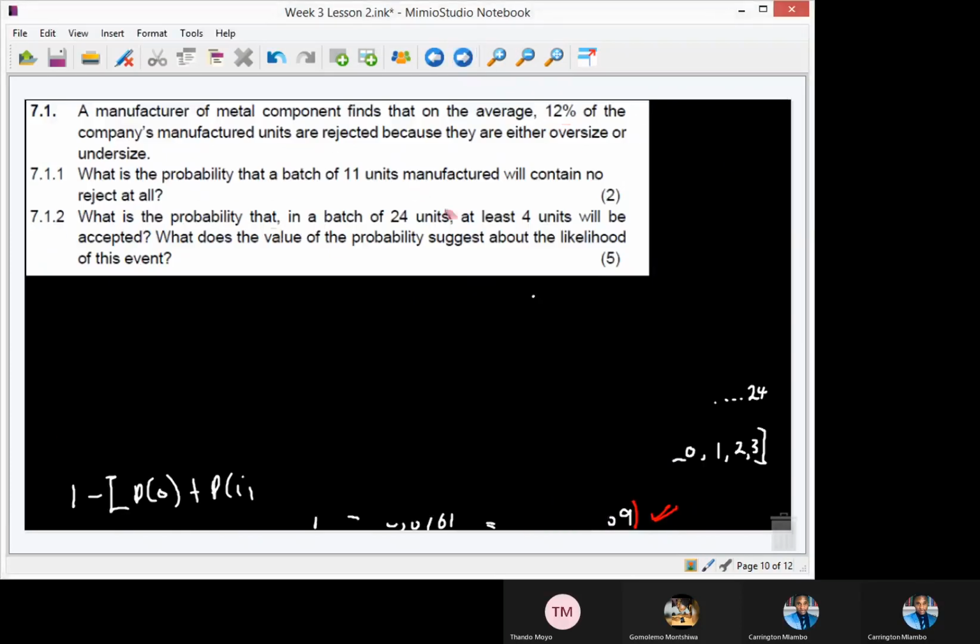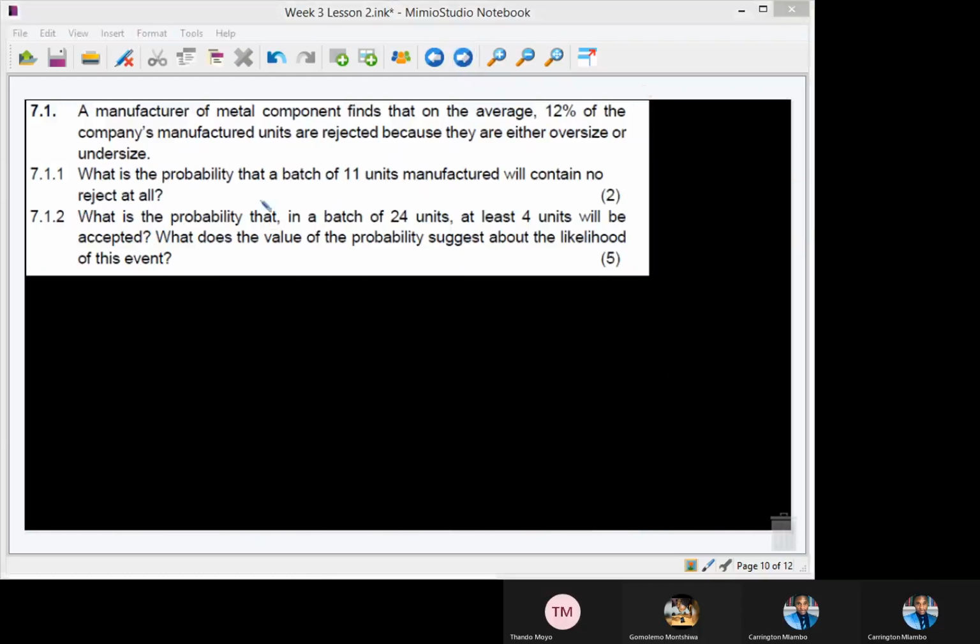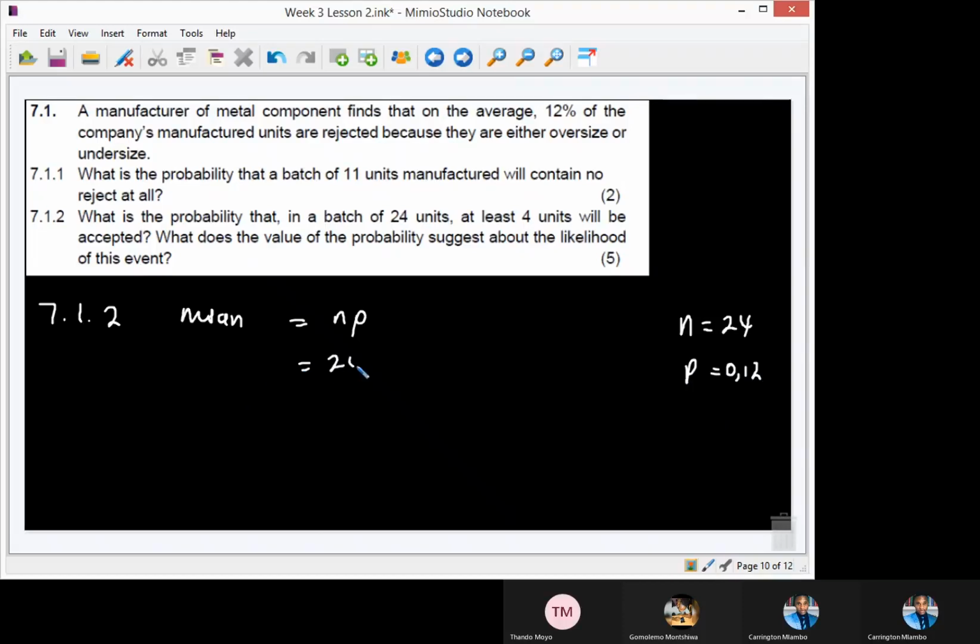The last one, let's do the mean for 7.12. If they say calculate the mean, mean is equal to NP. What is our N? Our N is 24. Our P, it doesn't change, 0.12. Okay, so what do we have to do now? 24 times 0.12. We get 2.88.